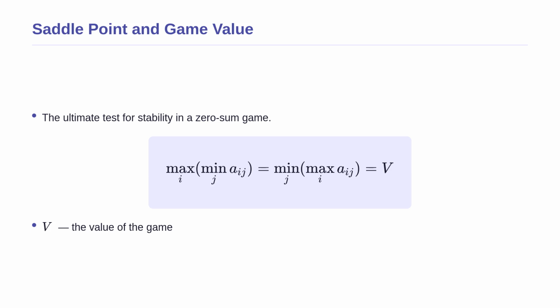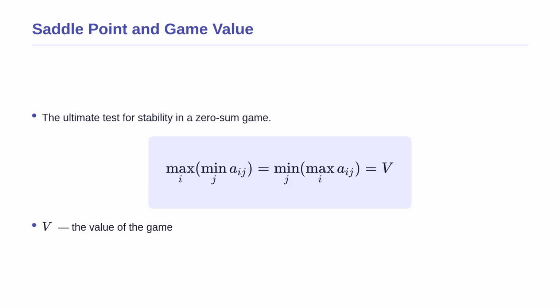Having defined both strategies, we can now combine them to find a stable solution. This equation is the ultimate test for stability in a two-person zero-sum game. It checks whether player A's best conservative strategy perfectly matches player B's best defensive strategy. When these two values are exactly equal, the game is said to have a saddle point.